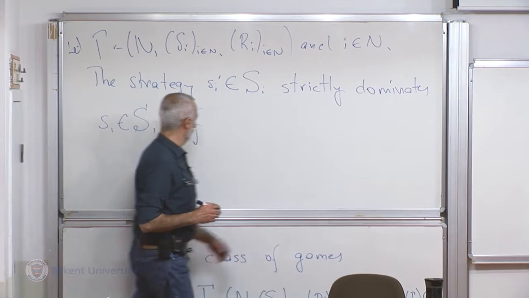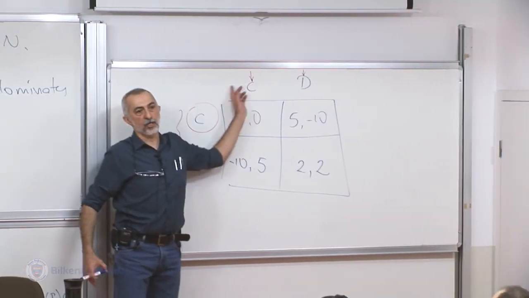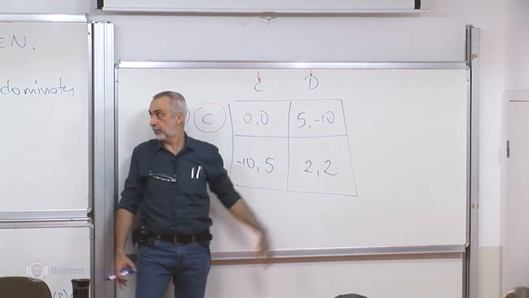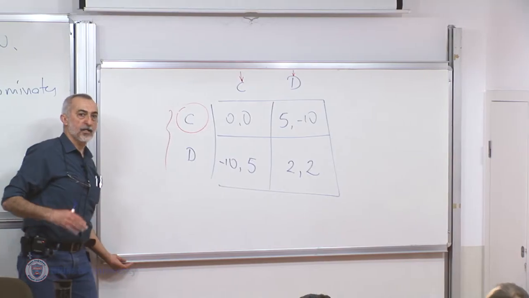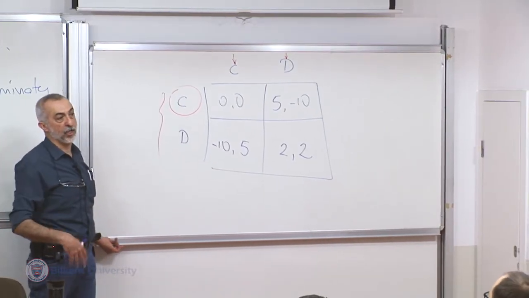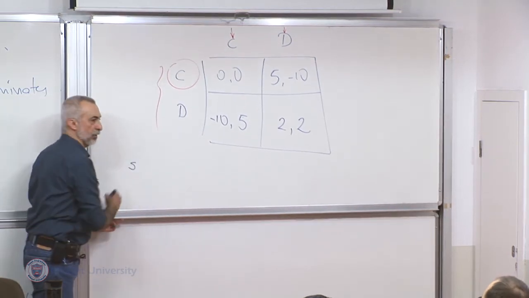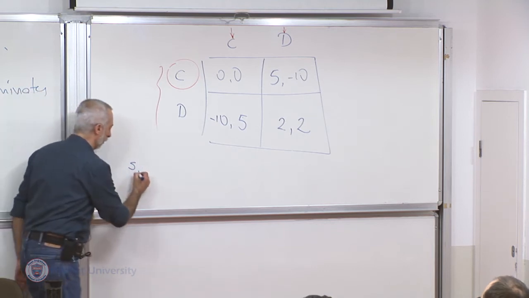So I want to say, given here there was only one other player, so when I'm talking about player 1, there was only one other player, but in general there are many. So I need a notation to say, given the strategy profile of the other agents. The notation that we're going to use is S minus i, which stands for except i.